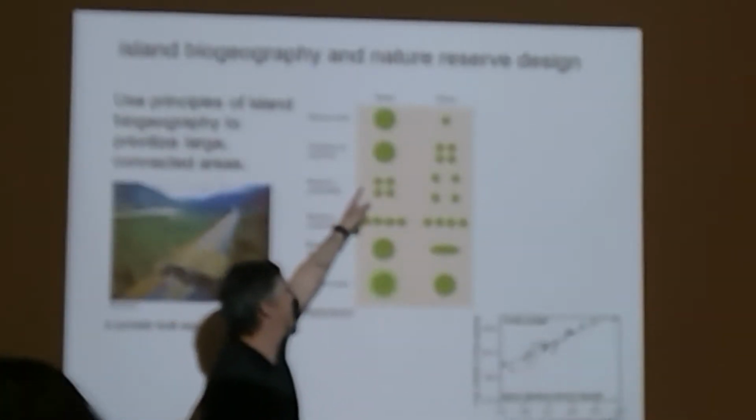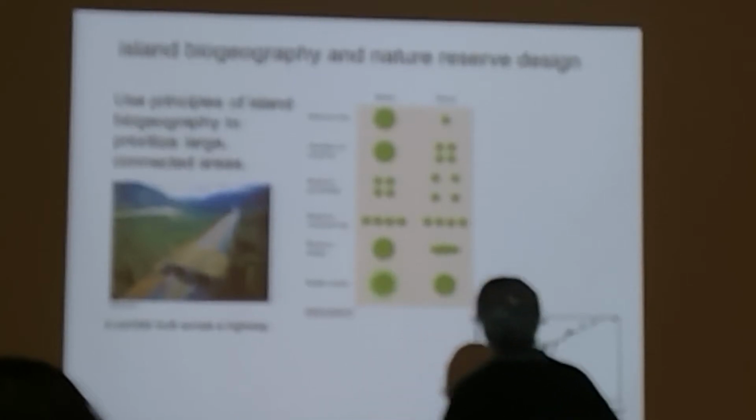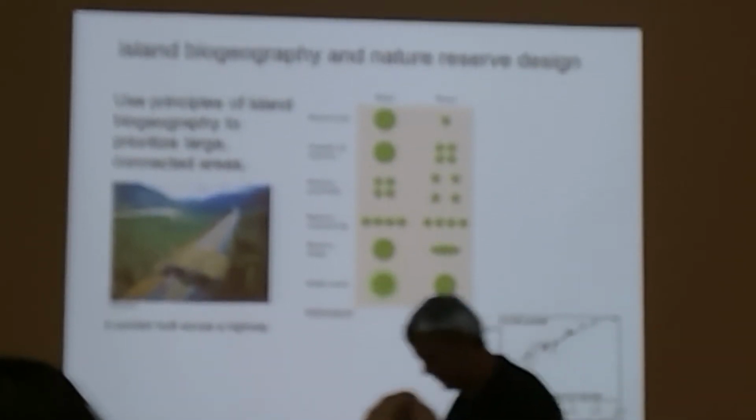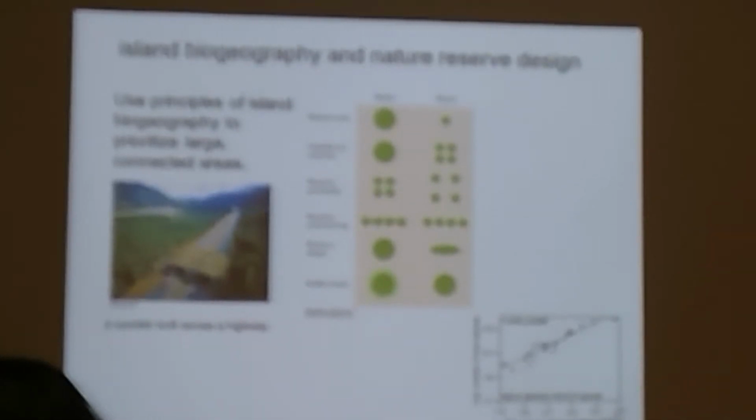So if this is 100 acres, and each of those small ones is 25 acres, one 100-acre area is going to be better than 4 25-acre areas.